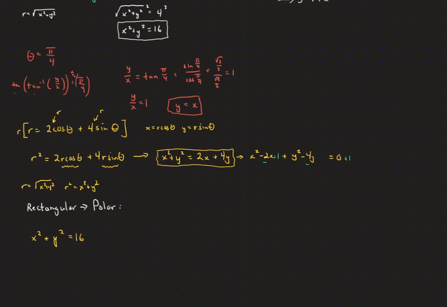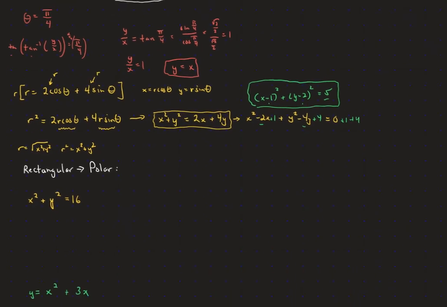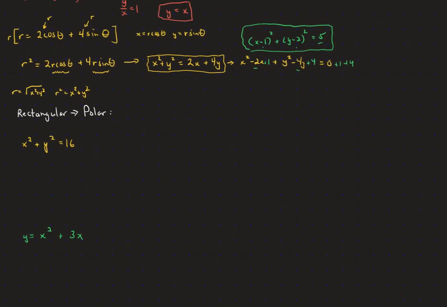Half of 4 squared is 2 squared is 4 and add that to both sides and write that as x minus 1 squared plus y minus 2 squared is equal to 5. And then you would maybe recognize that that's a circle centered at 1, 2 with a radius of square root of 5. But that would probably cause your math teacher to faint at this point in time. So maybe we'll save that for later.